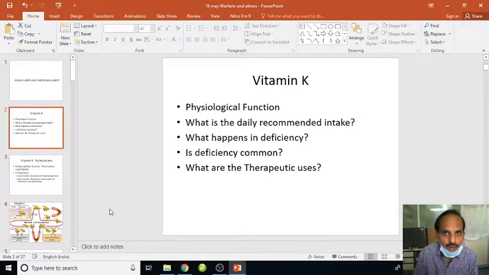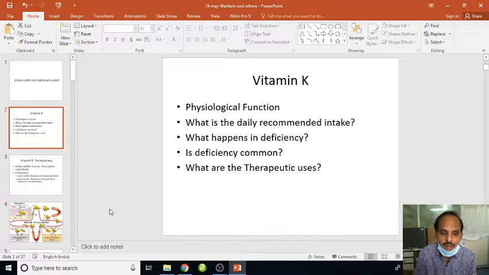Then what is vitamin K2? Most people are aware that vitamin K can also be synthesized by the bacteria in the large intestine, and this is vitamin K2. Whatever dietary vitamin K someone takes is further modified by bacteria in the gut, and that is called vitamin K2. Apart from this, bacteria can also, to some extent, synthesize vitamin K from many other compounds that the person ingests as part of the diet.